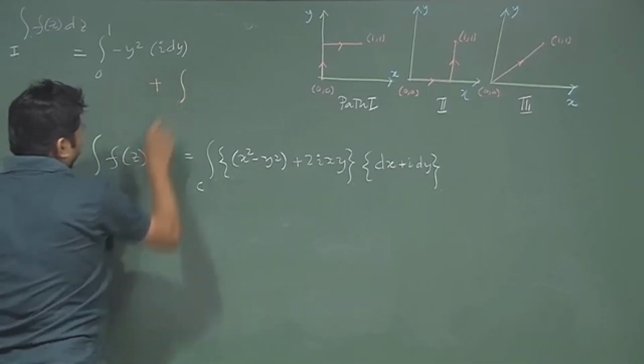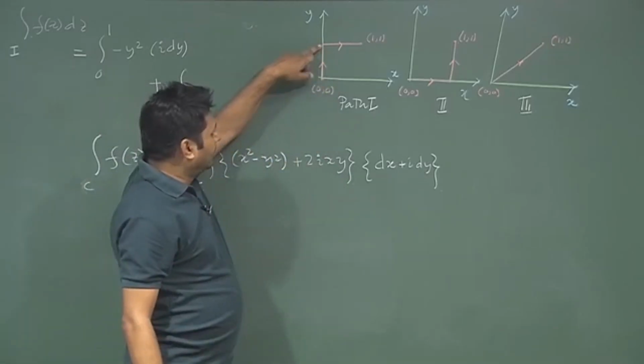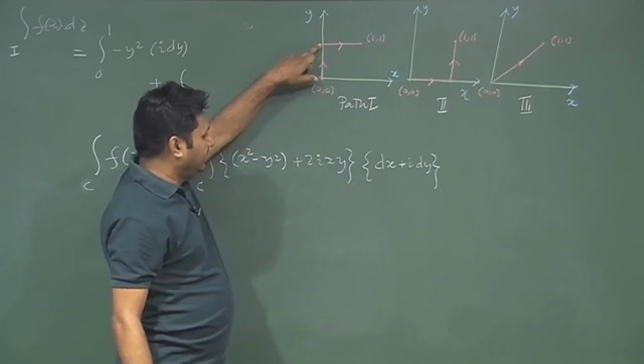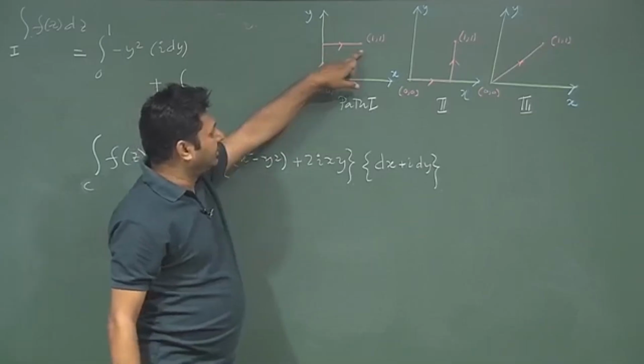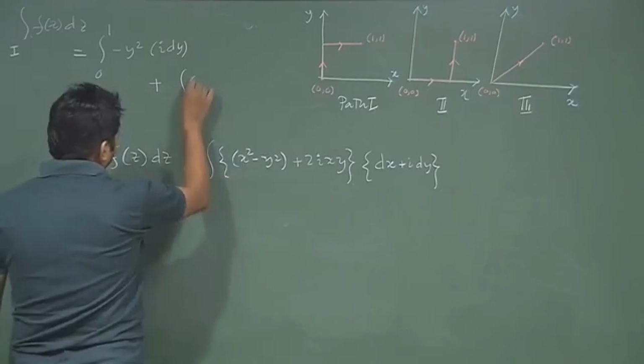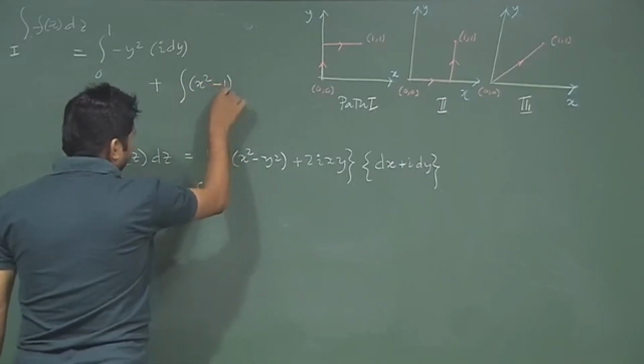The entire path, if I call it path C, I divide into two parts. What happens in the next part? In the next part, my y is fixed and this fixed value is 1, and dy is 0, and it is going in this direction. That means my x is changing, y is not changing and has the value 1.